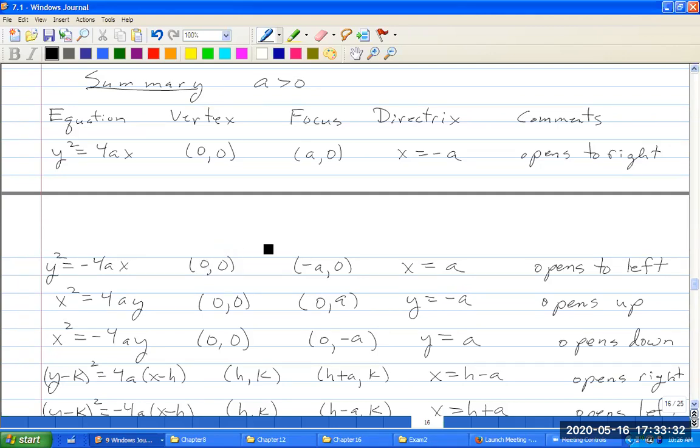Vertex is at the origin. Focus, (negative a, 0). Directrix, x equal a, and it opens to the left.